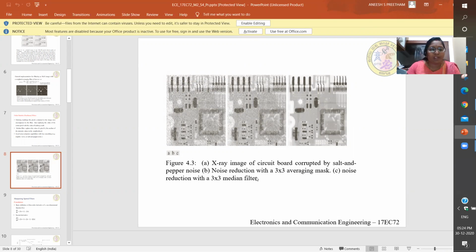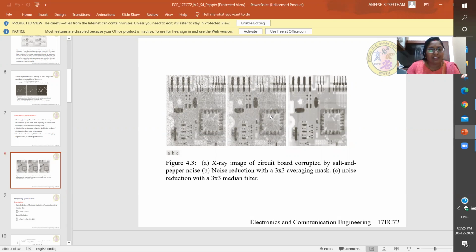To illustrate the superiority of median filtering over average filtering in situations such as this, we show in figure B the result of processing the noisy image with a 3 by 3 neighborhood averaging mask, and in figure C the result of using a 3 by 3 median filter.